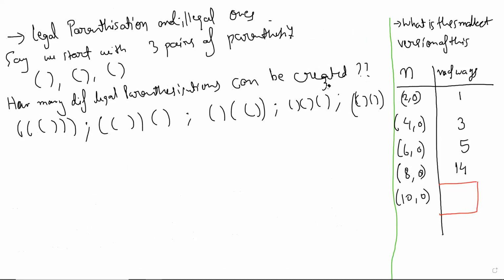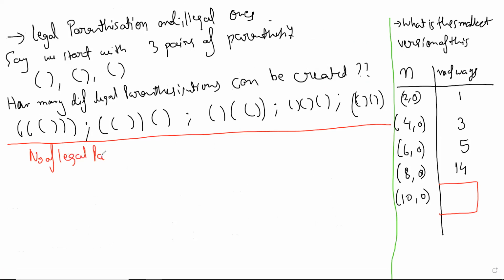We are seeing some similarity, but the second one is not so easy to see how that is directly related. It's more surprising, but certainly we want to understand this. Number of legal parenthesizations.